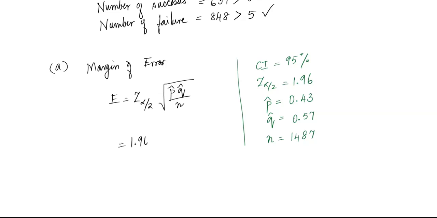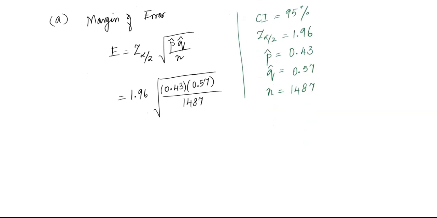You get 1.96 times the square root of 0.43 times 0.57 divided by n, which is 1487. Calculate all this, and you get 0.025636. That is your margin of error. If you were looking at percentage, that will be like 2.5% error.